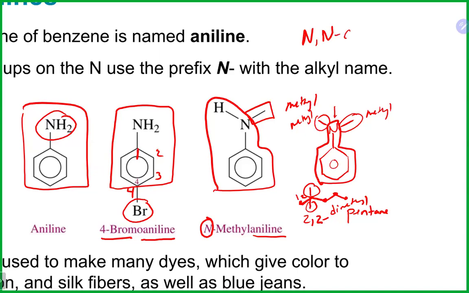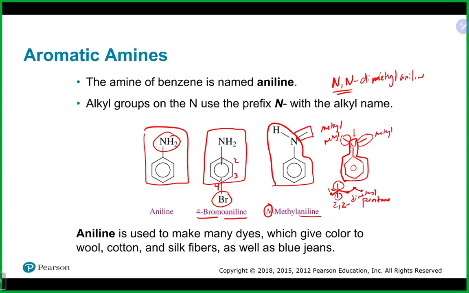And this then would be a dimethyl aniline in this case as well. So just like we sometimes use numbers separated by a comma, if you have two groups that are attached to the nitrogen in an amine, we can use N comma N to indicate again that they are both attached to the nitrogen. Any questions on that there? In the more formal name, we'll sometimes see that used a little bit more. But here in your book, I think you'll be restricted to seeing it with aniline, with the benzene ring and the amine. Any questions on that there?